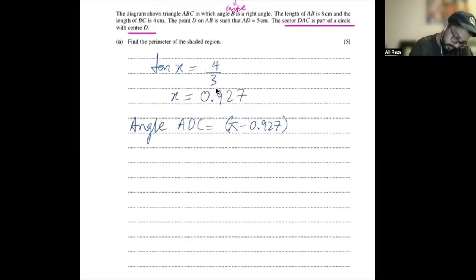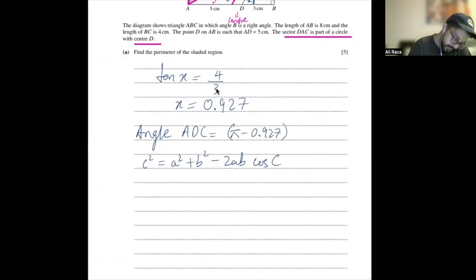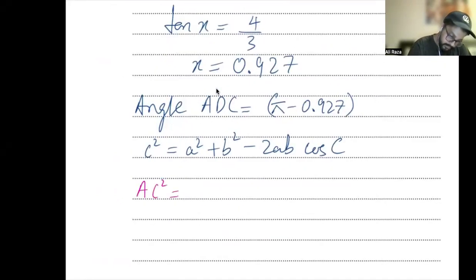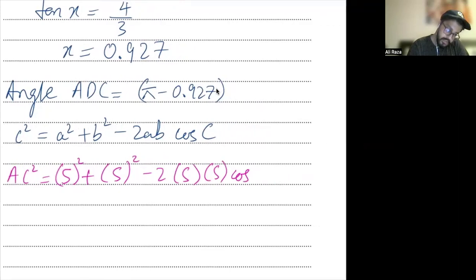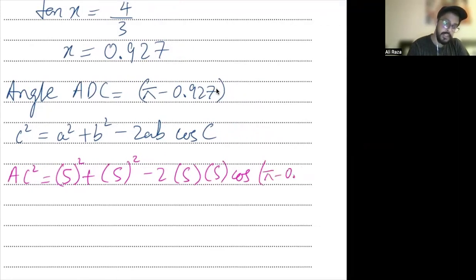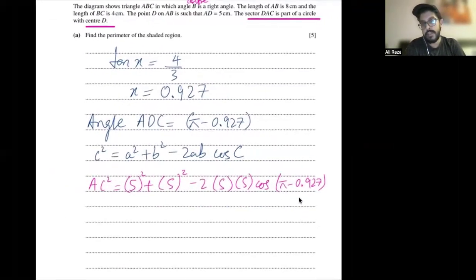So AC square would be the first side being 5 squared and the second side also being 5 squared minus 2 times 5, 5 and cos of the angle pi minus 0.927. Now I'm not using the numerical value and instead using the exact value over here to avoid any accuracy error in the final answer.